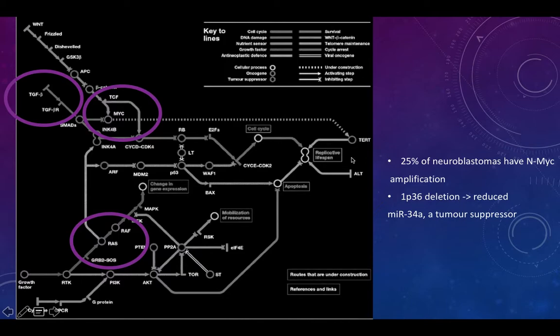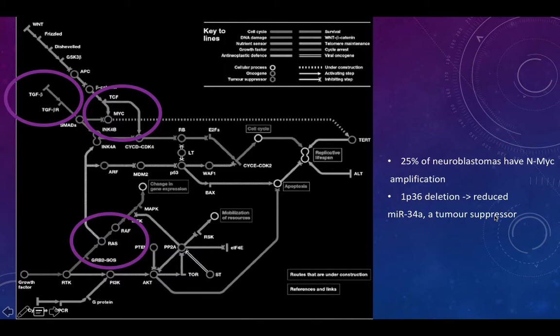For now, let me explain the mechanism why a 1p36 deletion is associated with a poorer prognosis in neuroblastoma. The reason is that 1p36 deletion reduces the expression of microRNA 34A, which is a potent tumor suppressor.